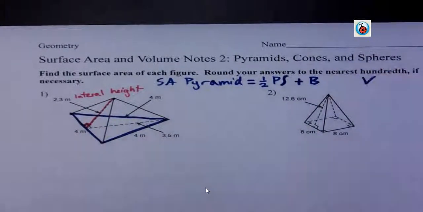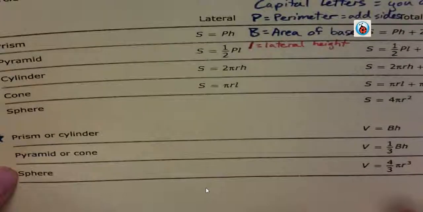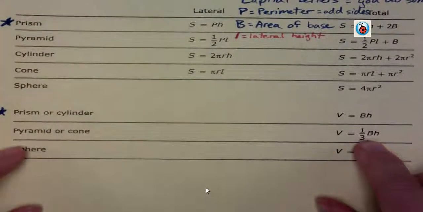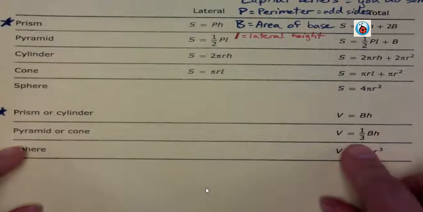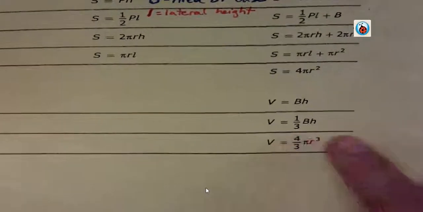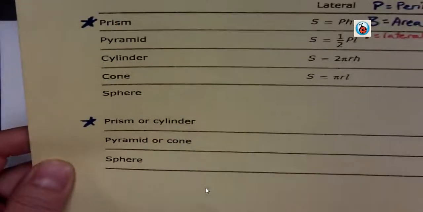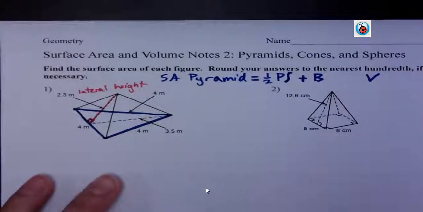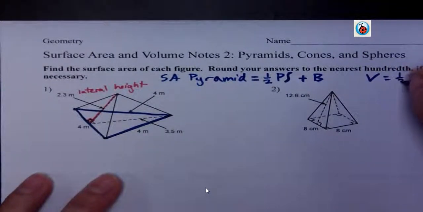And volume of all of them is, again, the area of the base times the height. This time we're times 1/3, because when all those sides collapse in as triangles to the center, it's 1/3 of what the entire shape would be if it was just a prism. So volume just equals 1/3 of the area of the base times the height.